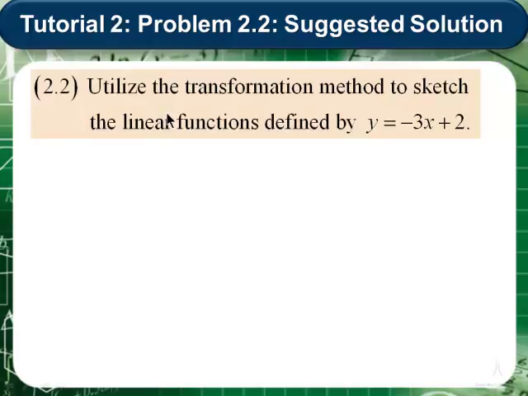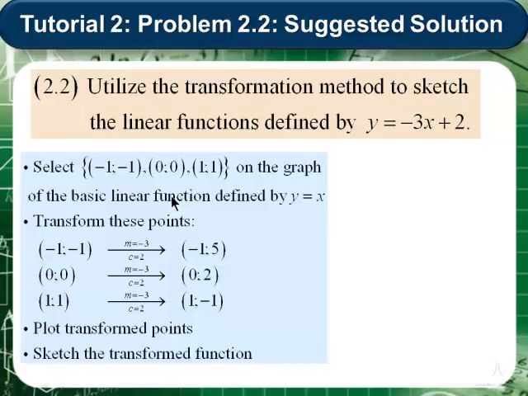Let's look at a solution to problem 2.2, a suggested solution. You need to use the transformation method to sketch the linear function defined in this way. So again, I select 3 standard points on the basic linear function defined by y equals x and transform each one of them.